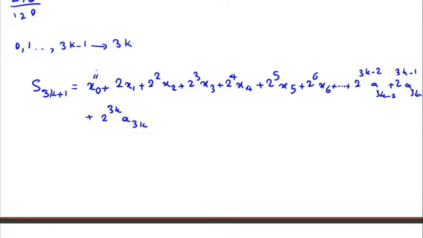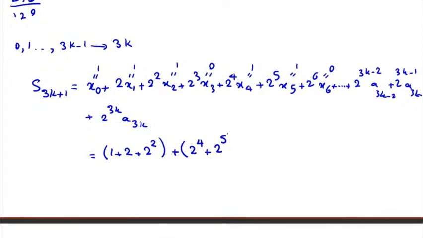Now, if we calculate, we know x_0 is 1, then 1, then 1, then 0, then 1, 1, and 0 again. And then, if we want to calculate S_{3k+1}, it will be 1 plus 2 squared, then plus 2^4 plus 2^5, then plus 2^7 plus 2^8. Let me write first.